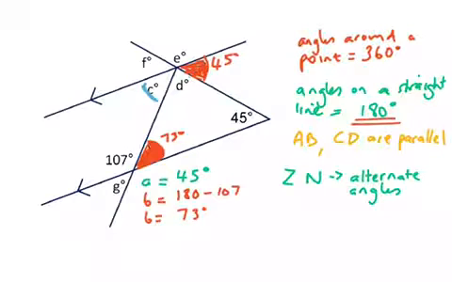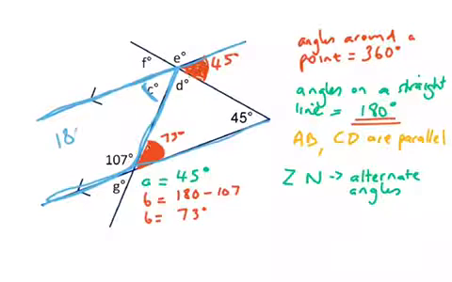Now if we have a look at that, we remember that these are parallel lines, and that the angles in this U shape should all add up to 180.